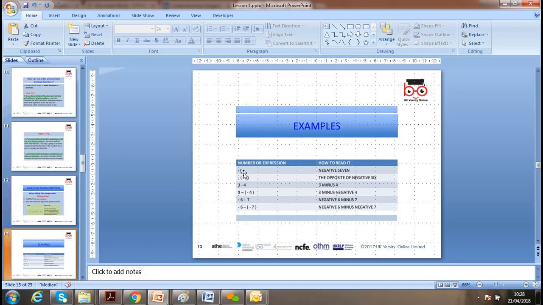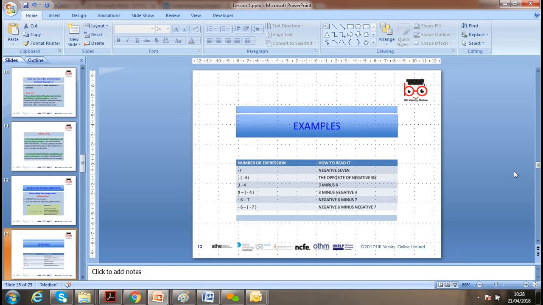Okay, these are -7, -6, the opposite of -6. So 3 minus -4.